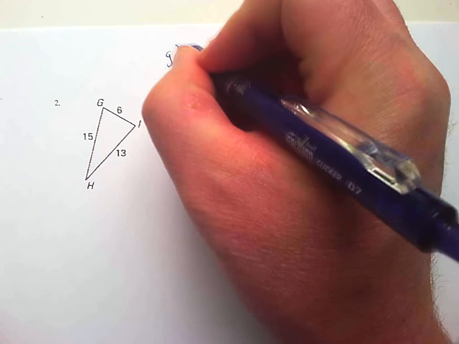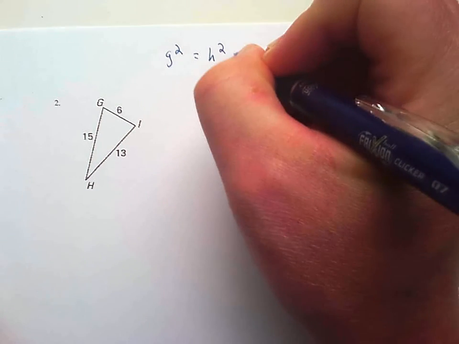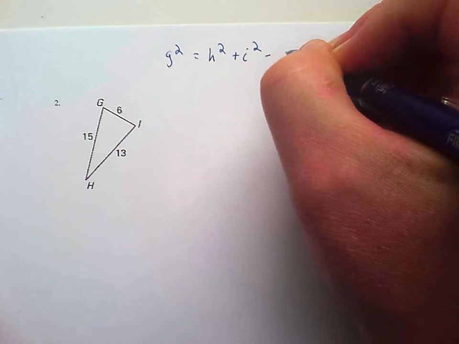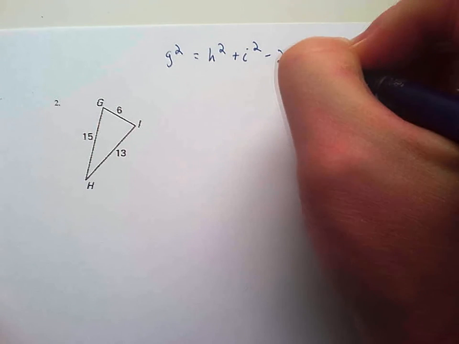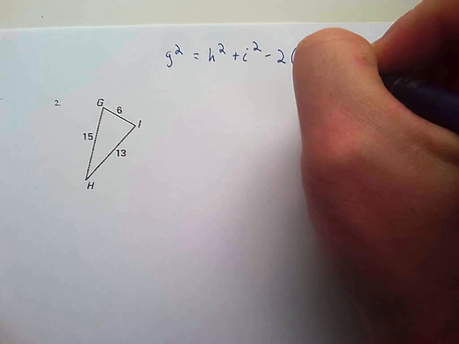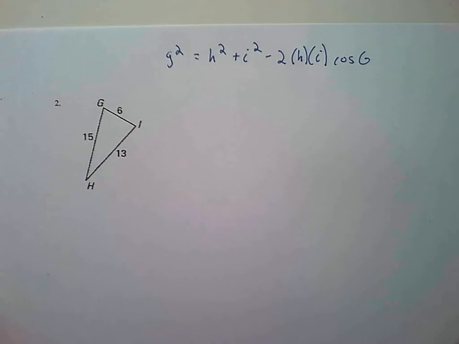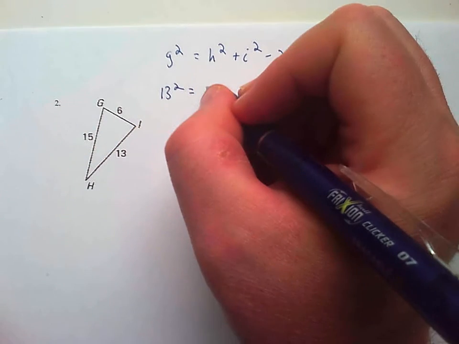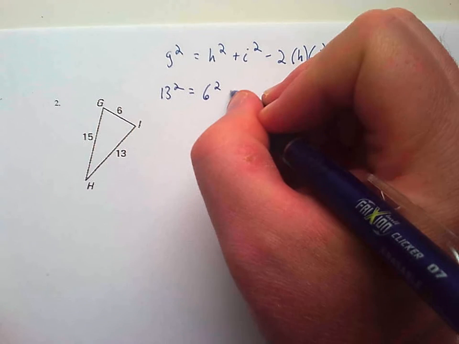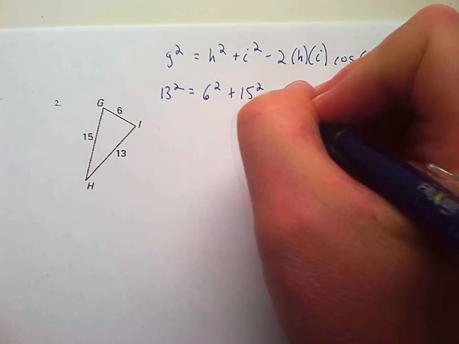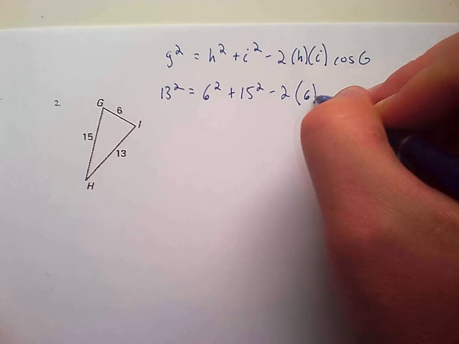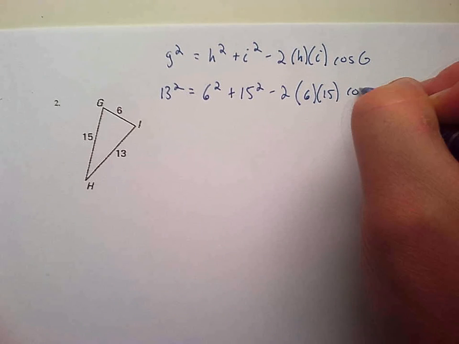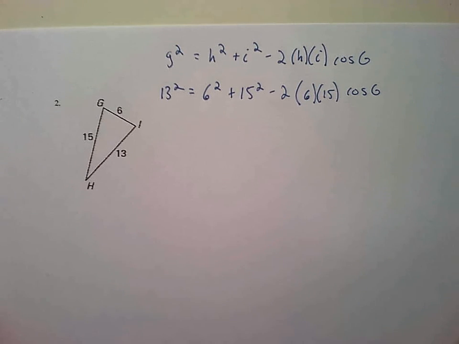But here, we're going to have G squared is H squared plus I squared minus 2 times H times I times the cosine of G. And we know that g is equal to 13 squared, h is equal to 6 squared, and I is 15 squared times 2 times 6 times 15 times the cosine of g.